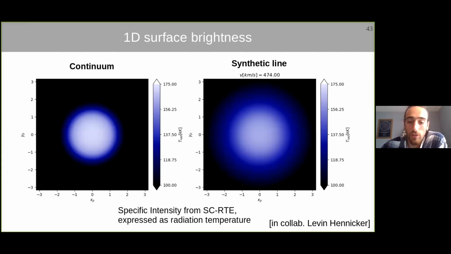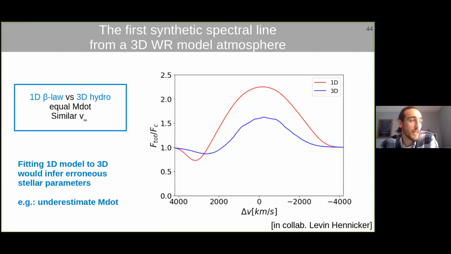If we do this for multiple frequencies, we can compute synthetic spectral lines, and that's what we've done here. Here we are showing the first synthetic spectral lines that we've computed for our 3D models.